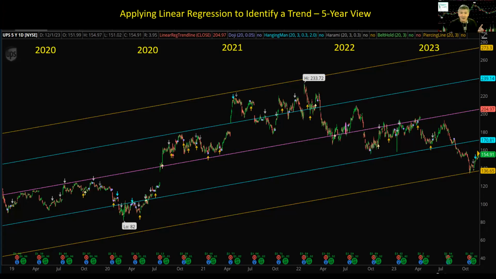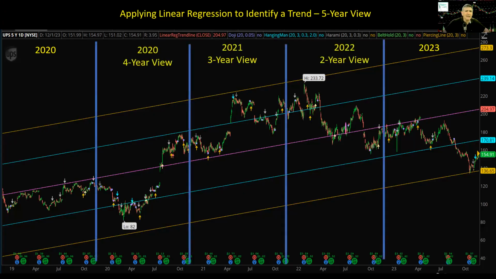Yes, 5-year view. Now, it's possible if you take a look at this 2022 period right in this zone, that's pretty much downtrending. So if we were to pick out that, we would probably see something different. But let's go ahead and cut this up a little bit so that we can visualize the 5-year periods, 2023 through 2020.